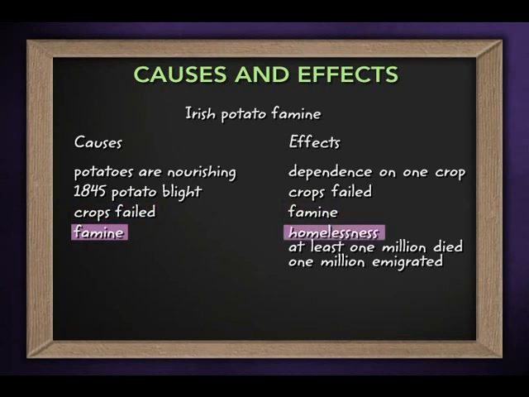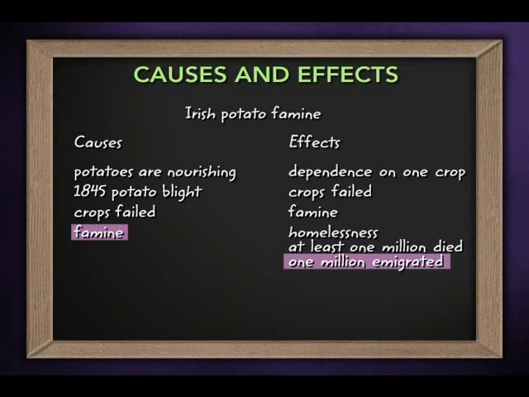Famine resulted in homelessness because since people were starving, they could not work hard, they did not have the means, the energy, there was no way they could make a living. They were starving, many people died, at least 1 million. The people who were strong enough and who were perhaps lucky enough emigrated.